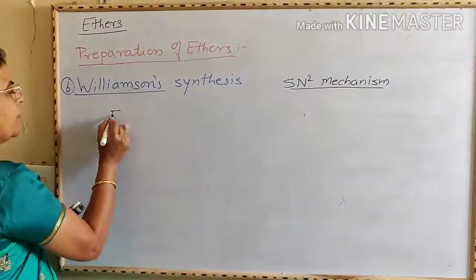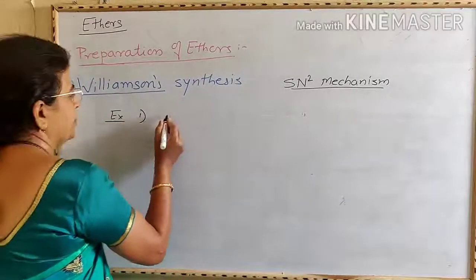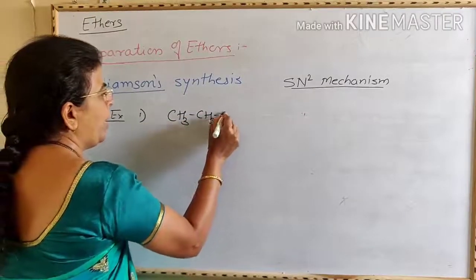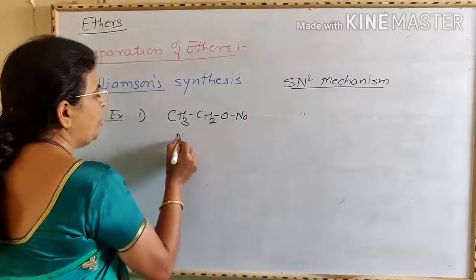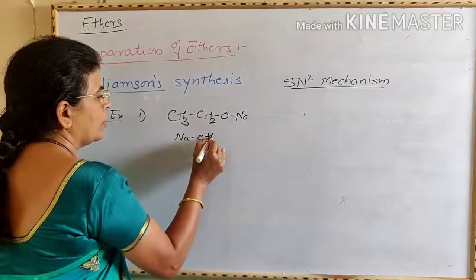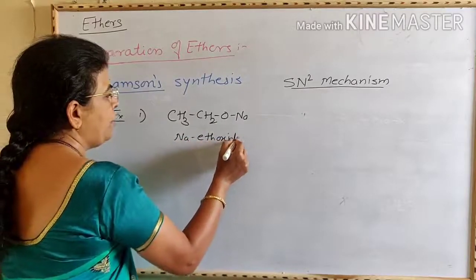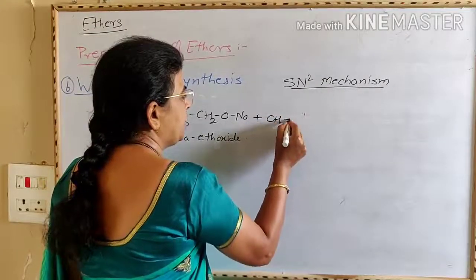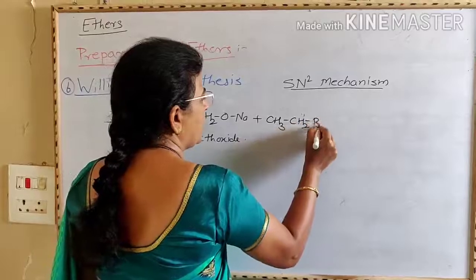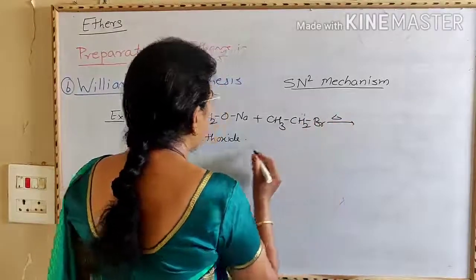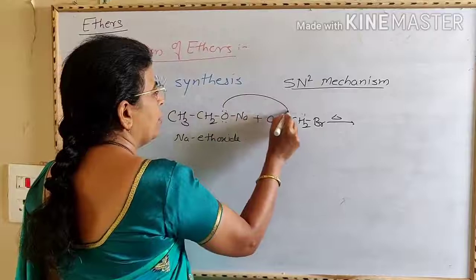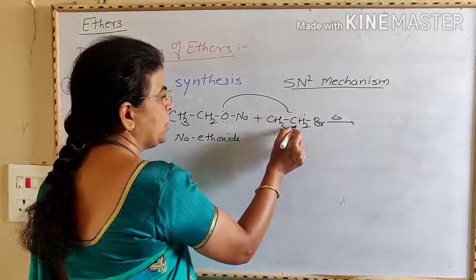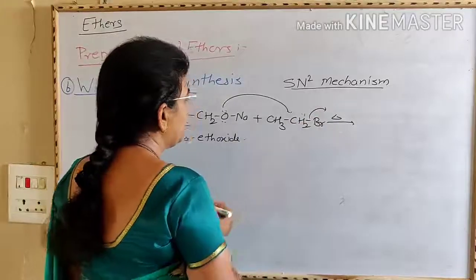Example, first one, CH3CH2ONa, that is sodium ethoxide. When this compound is treated with ethyl halide, that is CH3CH2Br, then here backside attack of this alkoxide ion takes place on this CH2CH3 group and Br is removed.